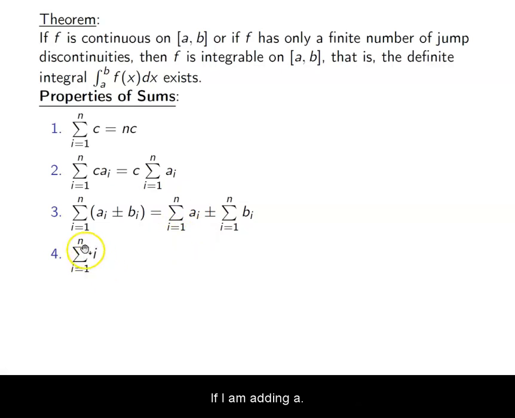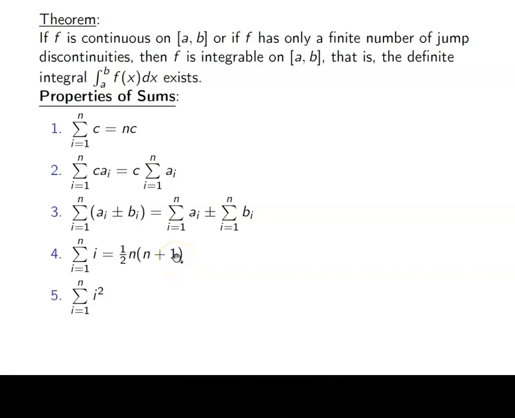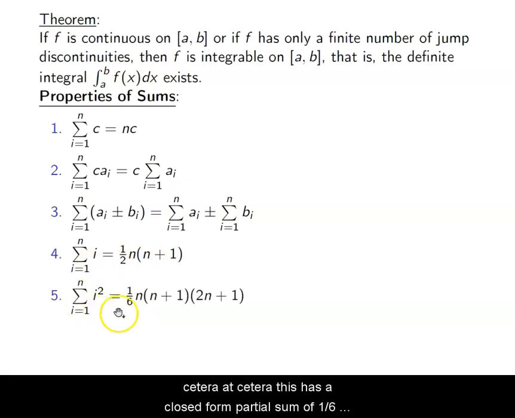If I am adding up i, so this is going to be 1 plus 2 plus 3 plus 4 plus 5 plus 6 plus 7 up to n, then that sum, which we call a partial sum, has the form 1/2 n times n plus 1. If I am summing together i squared, so 1 squared plus 2 squared plus 3 squared plus 4 squared plus 5 squared, etc., this has a closed form partial sum of 1/6 times n times n plus 1 times 2n plus 1.